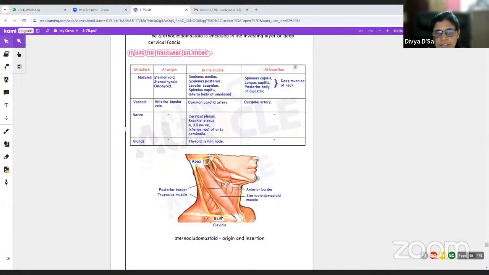At the insertion, it is related to splenius capitis, longus capitis, as well as the posterior belly of the digastric.